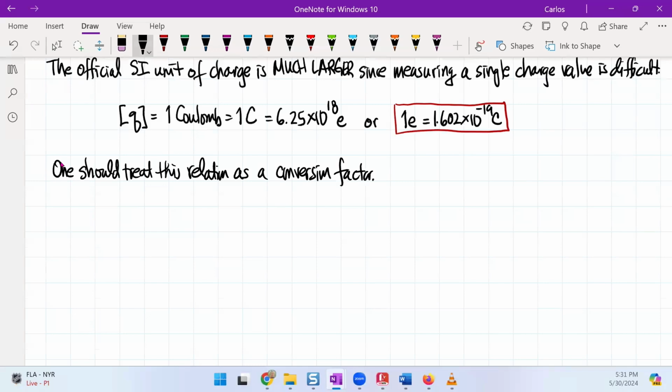So for example, if I have one electric charge, that's the same as 1e times 1 coulomb, and if I'm going to convert this, I have to have electrons in the denominator, so this will be 6.25 times 10 to the 18 electric charges divided into 1 coulomb. And if you compute that, you get 1.602 times 10 to the negative 19 coulombs. That's what I mean by a conversion factor.